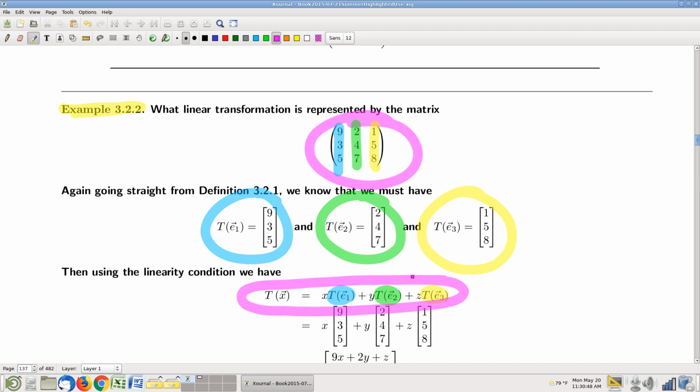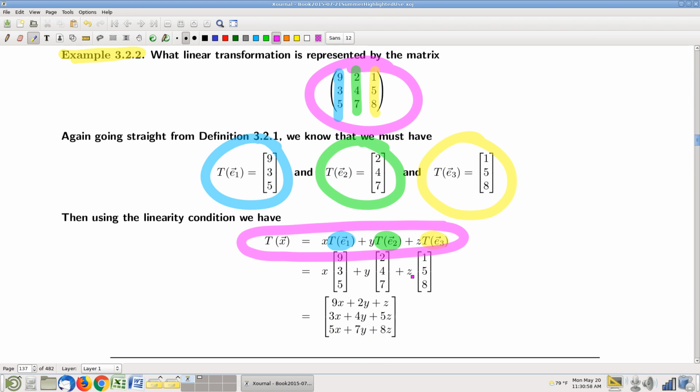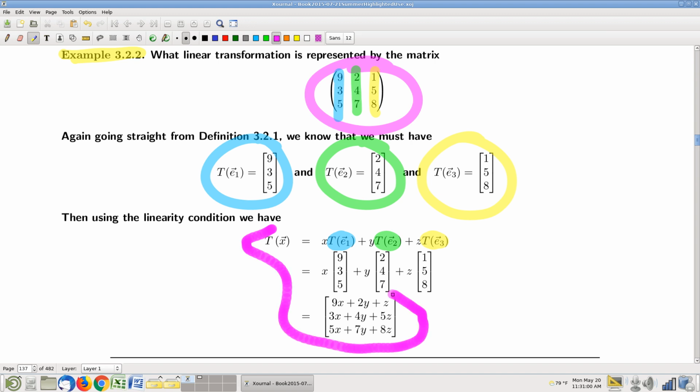Right? I can evaluate T of X by looking at the appropriate linear combination of those images, which then recovers that formula. So you can move back and forth pretty seamlessly between matrix shorthand and full-on, full representation of the function.